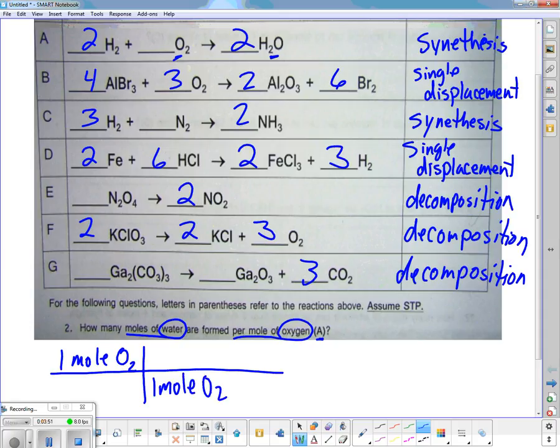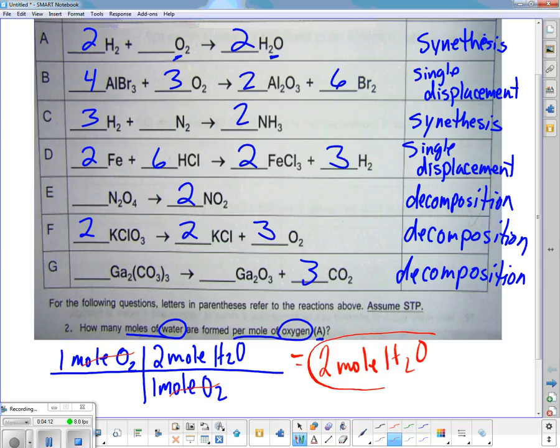And we want to go to water, so it goes on top. So we go 2 moles of H2O on top. That way, we can then cross out mole of O2, mole of O2, times through, and we get 2 moles of H2O. Circle or square your answer. That's it.